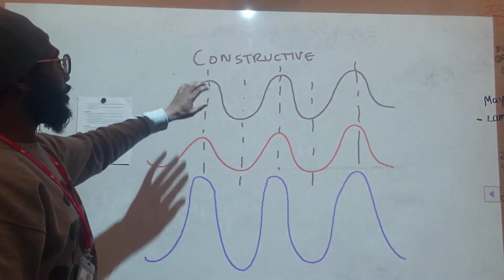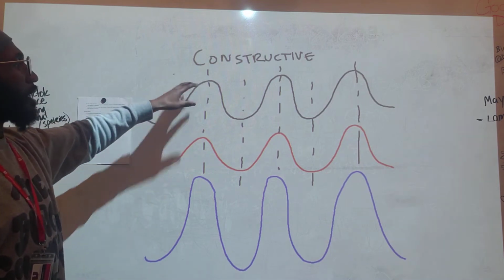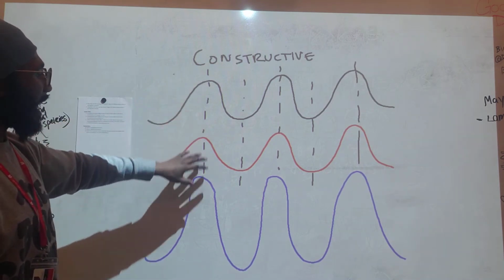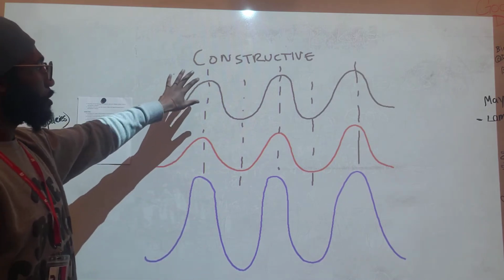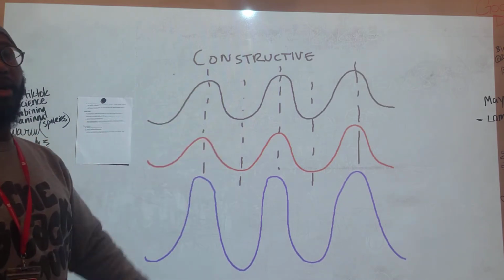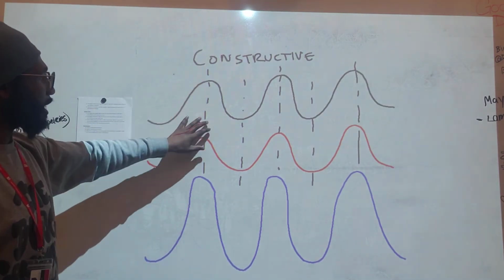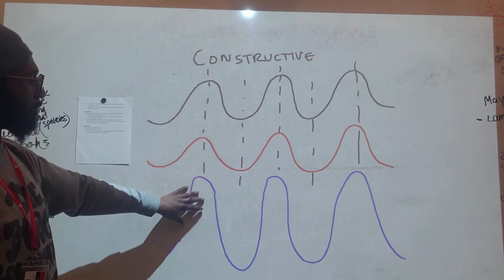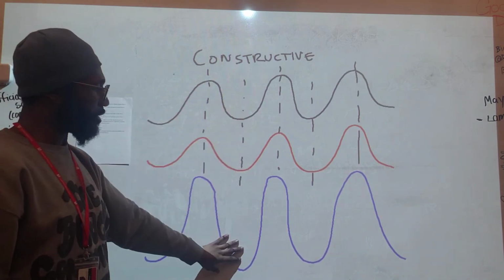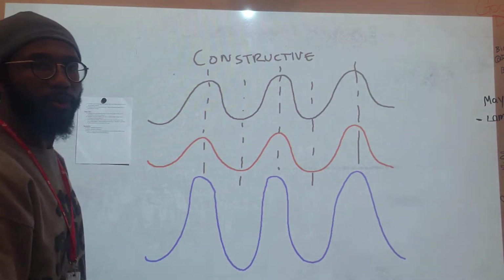All right, now constructive interference is when we combine waves and they add together to make a bigger wave. Okay, so this is superposition, but it is constructive interference because these waves lined up to make a bigger wave. Because the two crests make a bigger crest, two troughs make a bigger trough, again, two crests, bigger crest, and so on and so forth.